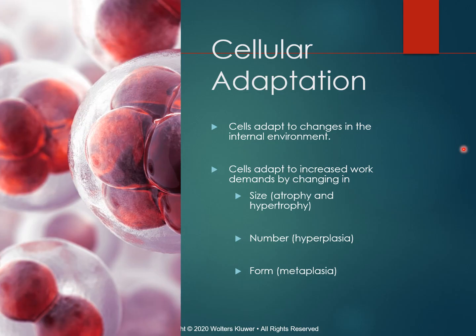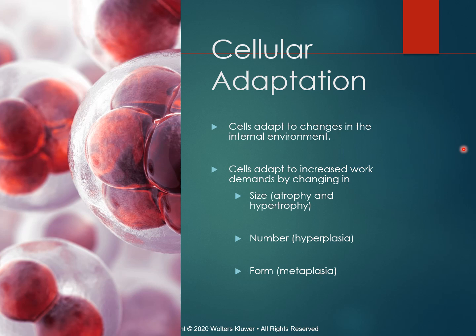So we're going to start with cellular adaptation. Cellular adaptation is a protective mechanism for the cell. It's designed to try to prevent cellular and tissue harm, and it's usually started because there's some kind of stressor on the cells themselves that's forcing them to adapt to prevent cell death.